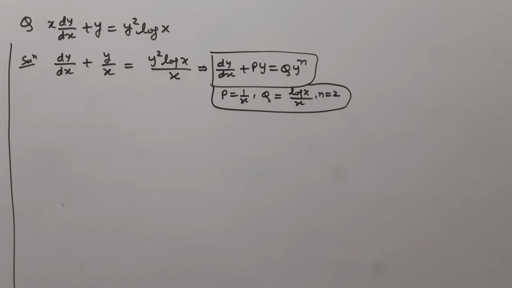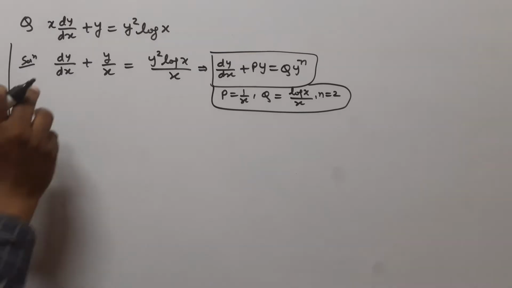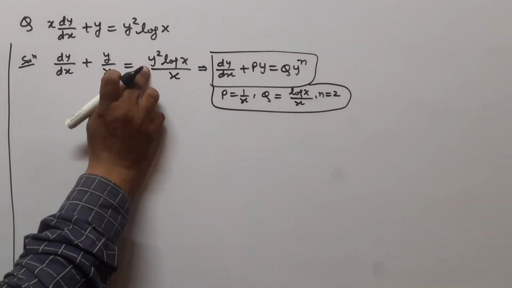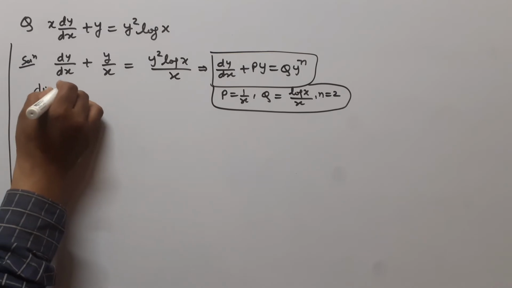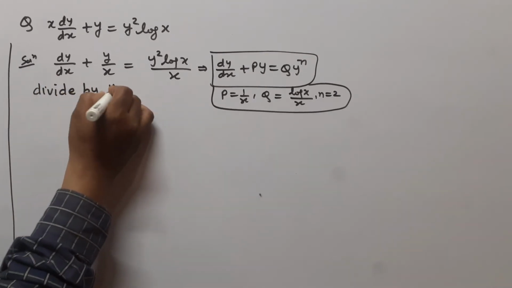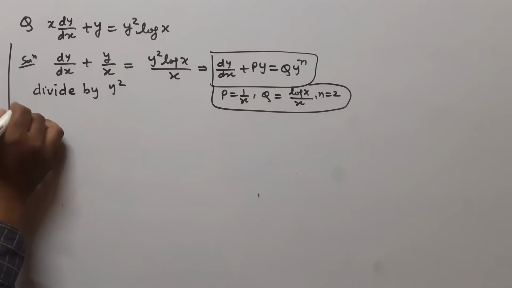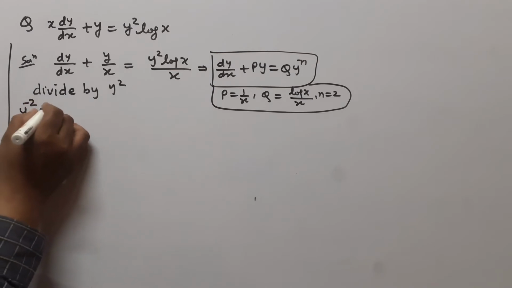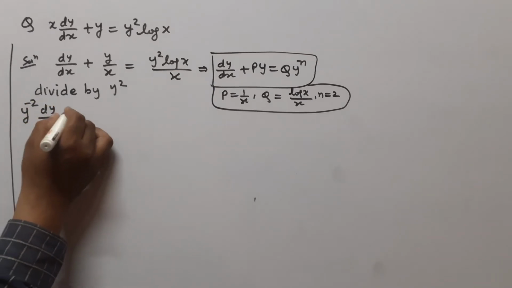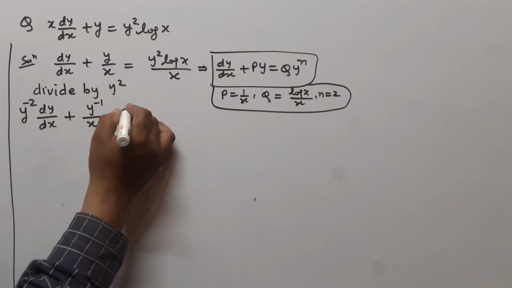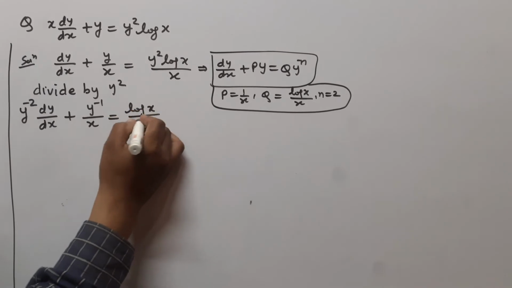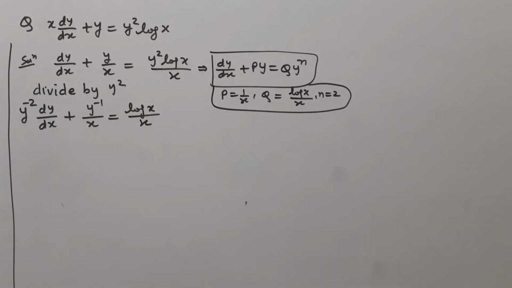So for solving this Bernoulli's equation, we divide this whole equation by y square. So we get here y to the power minus 2 dy by dx plus y to the power minus 1 divided by x is equal to log x divided by x.